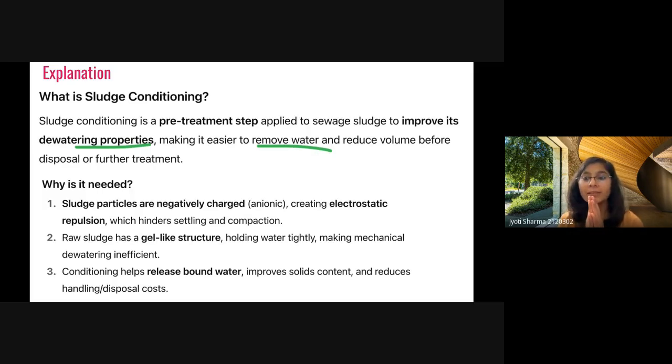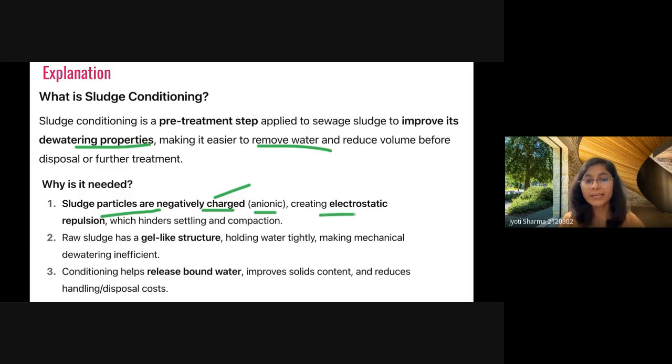But to make that dewatering technique easier for us, or feasible, we need to have a conditioning method before dewatering. Sludge particles are mostly negatively charged. These are anionic.